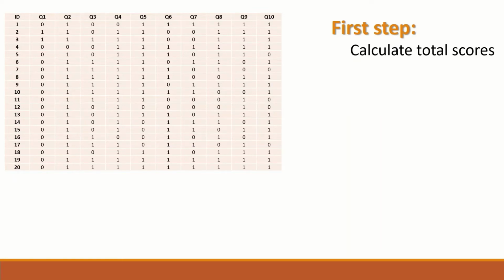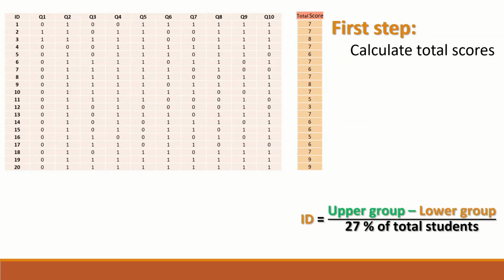The first step in the analysis is to calculate the total score achieved by each individual participant or student, i.e., for student number 1, count all the correct answers as given in the column on the right hand side, which shows the total score.